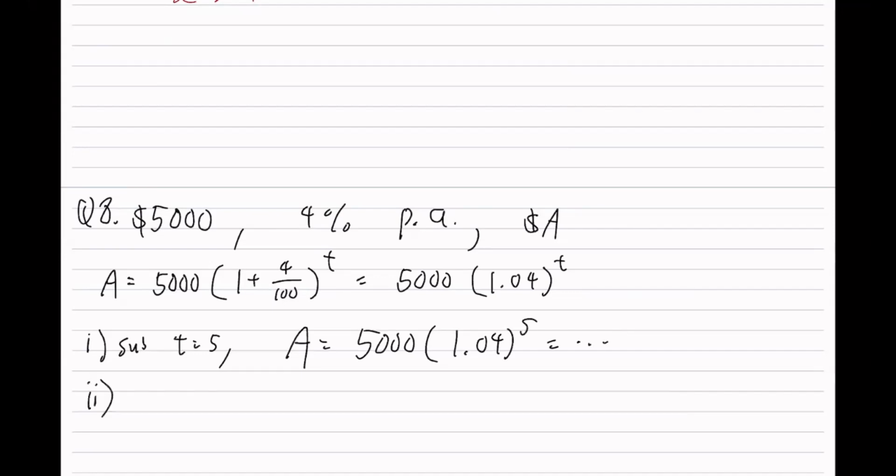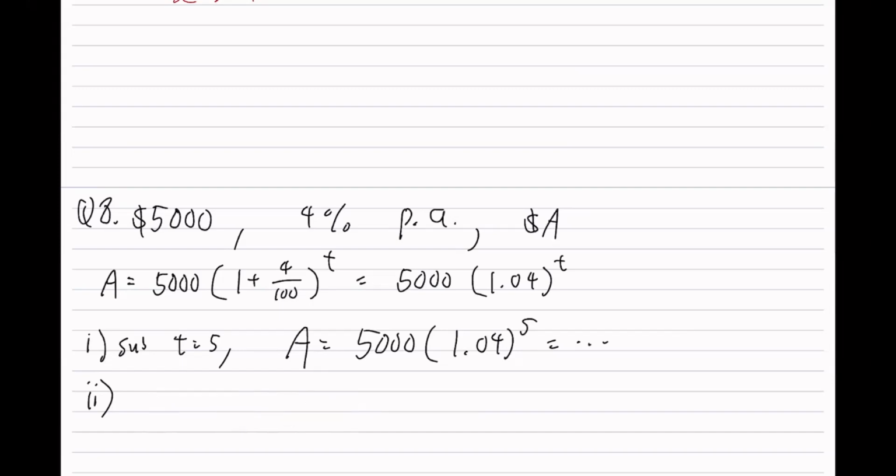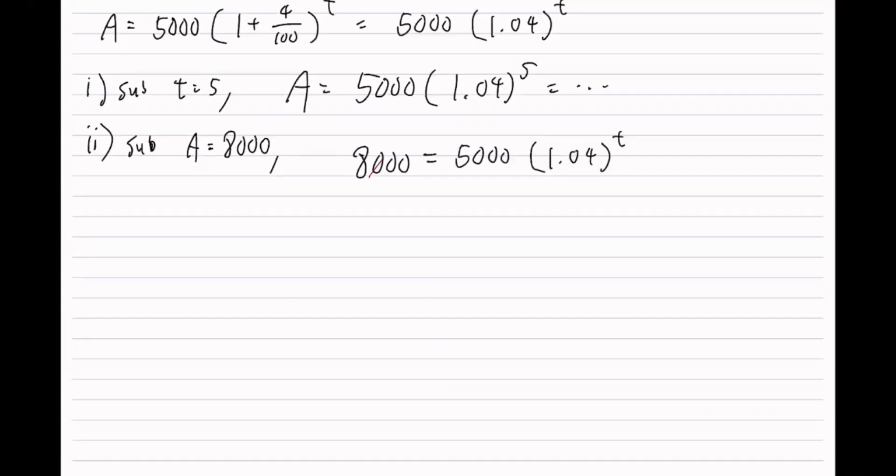How about part 2? At the end of how many years would the amount first exceed $8,000? Amount is A, exceed is more than 8,000. Yes, you can also sub A equal to 8,000 to solve it straight away to get the t. Let's see what we get. 8,000 equals 5,000 times 1.04 to the power t. I can cancel off 1,000 on both sides, so I get 8 over 5 equals 1.04 to the power of t.